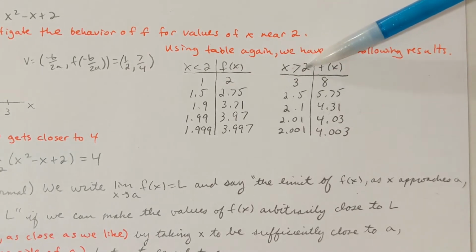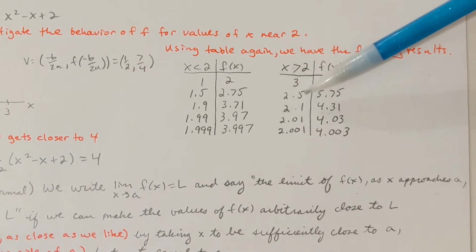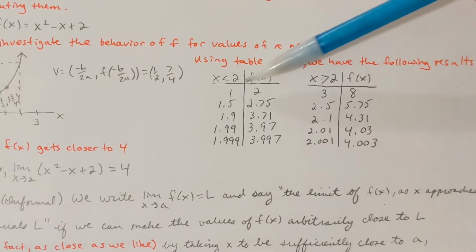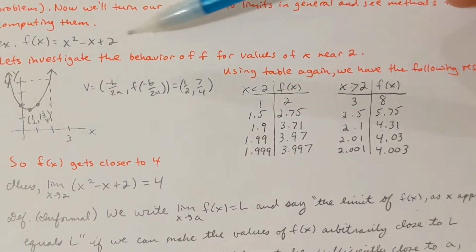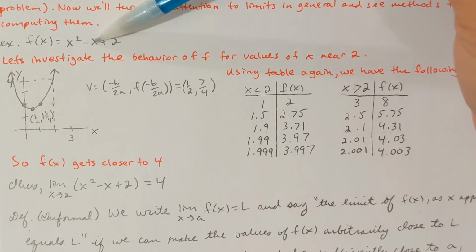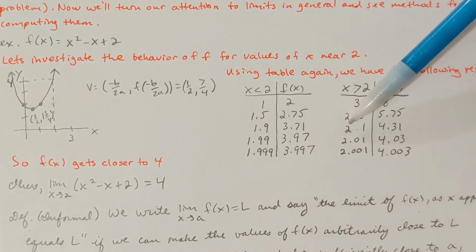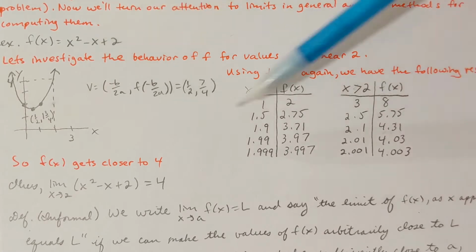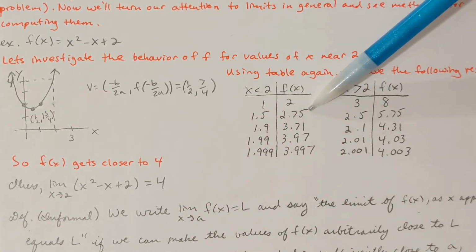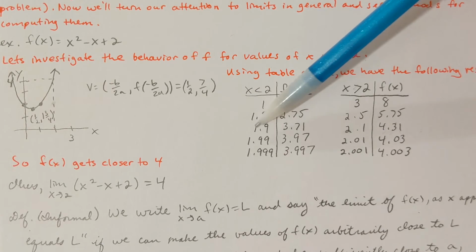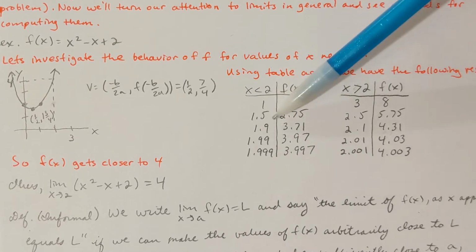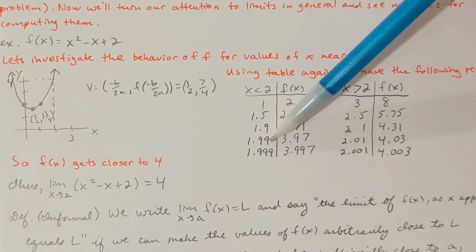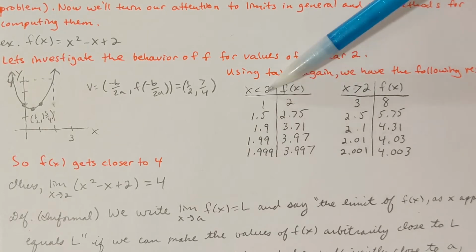For example, if x is 1, and I plug that into the function, 1 minus 1 is 0, plus 2 is 2. If x is 1.5, you can plug that in, and you should get 2.75. I plugged in 1.9, which gets me closer to 2. Here's 1.99, which gets me even closer to 2.